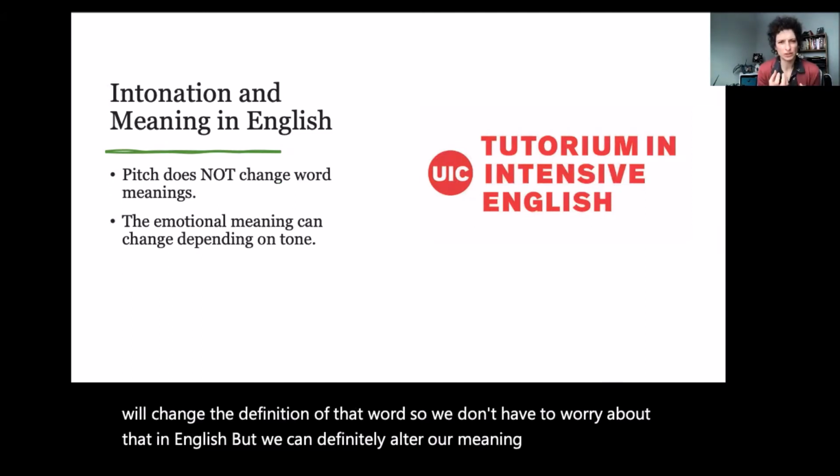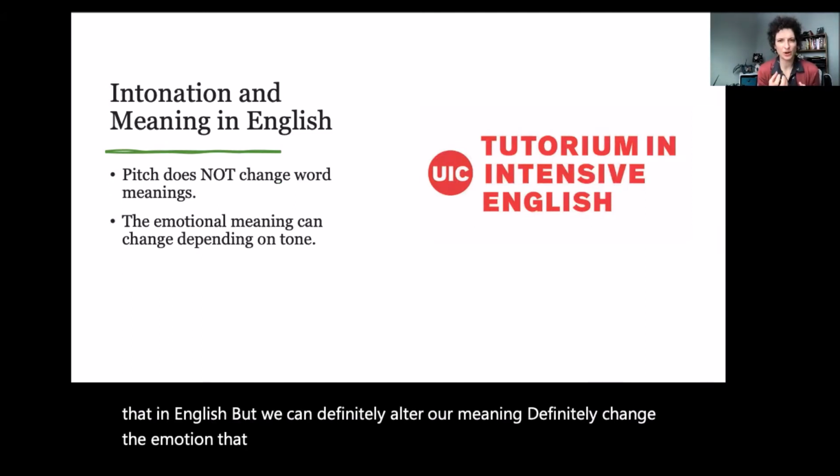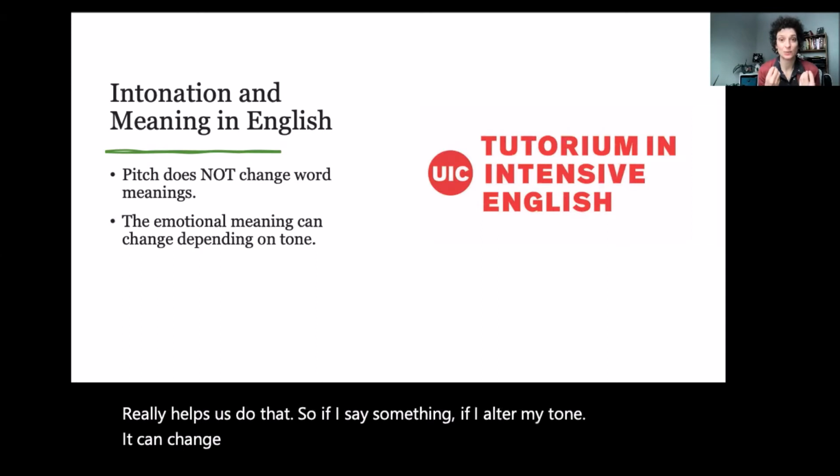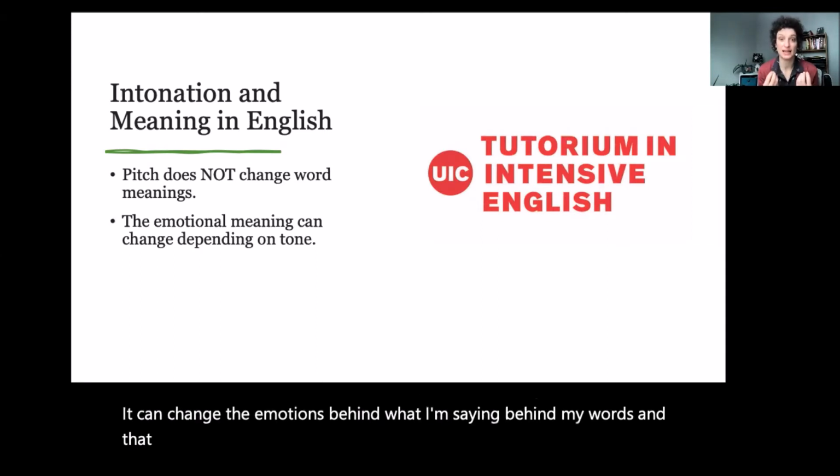So we don't have to worry about that in English, but we can definitely alter our meaning, definitely change the emotion that we are using behind our words, and tone and intonation really helps us do that. So if I alter my tone, it can change the emotions behind what I'm saying, behind my words, and that can change my intentions.